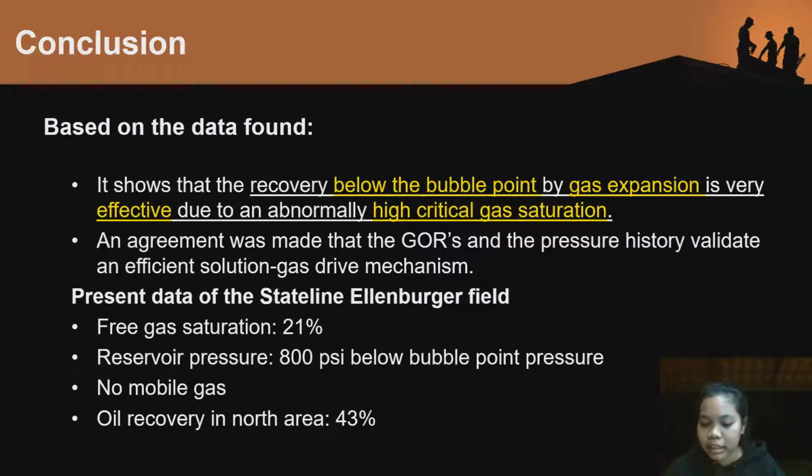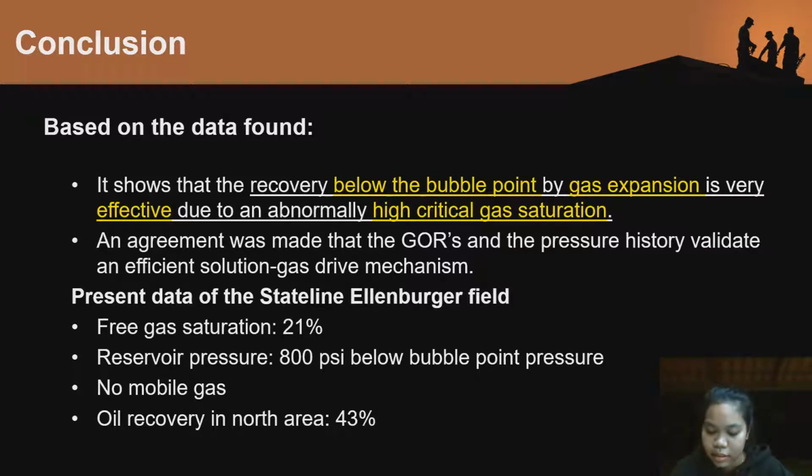Next, this is the present data of the Eilenberger field. First, the free gas saturation is in excess of 21%, as indicated by material balance calculation. Second, the reservoir pressure is 800 psi below bubble point pressure with no indication of mobile gas, which means that this reservoir acts like there is a strong water drive below the bubble point pressure when there is no water drive.